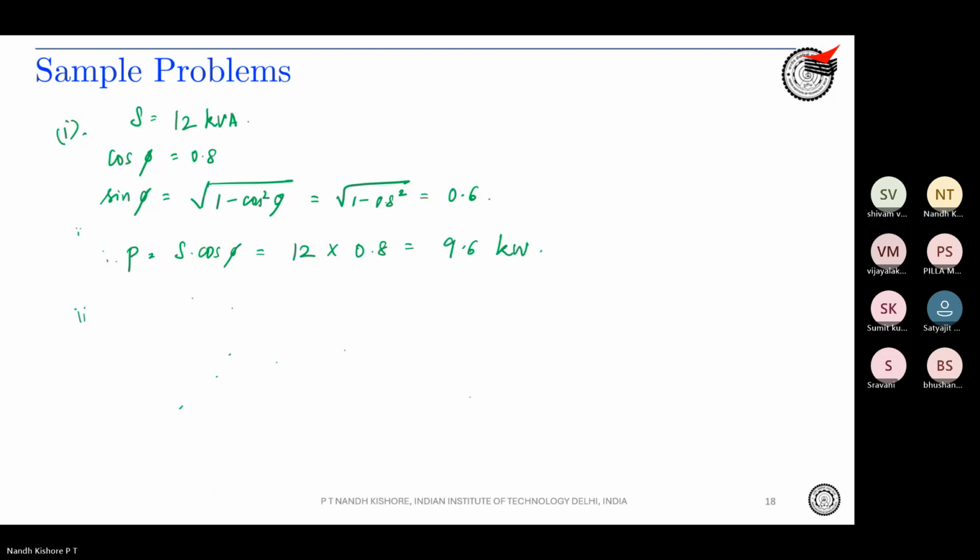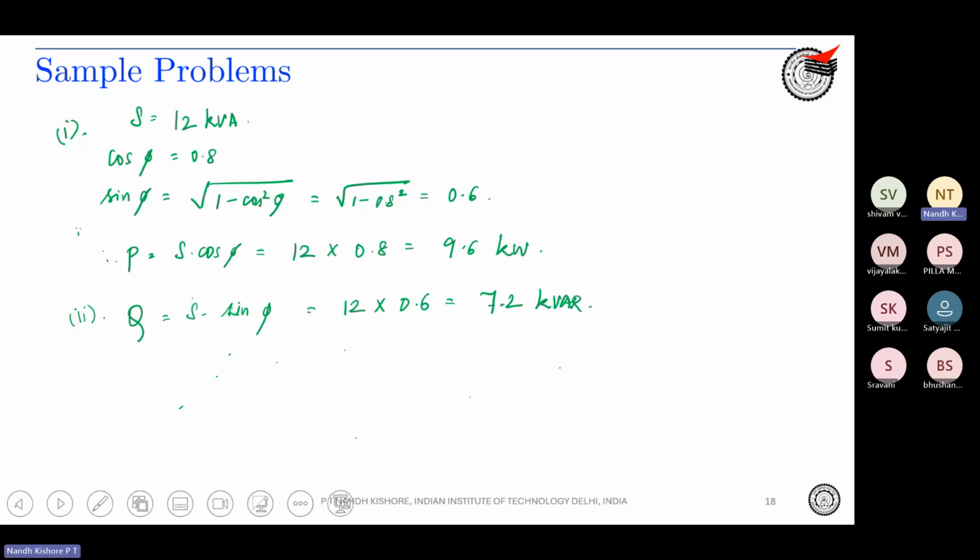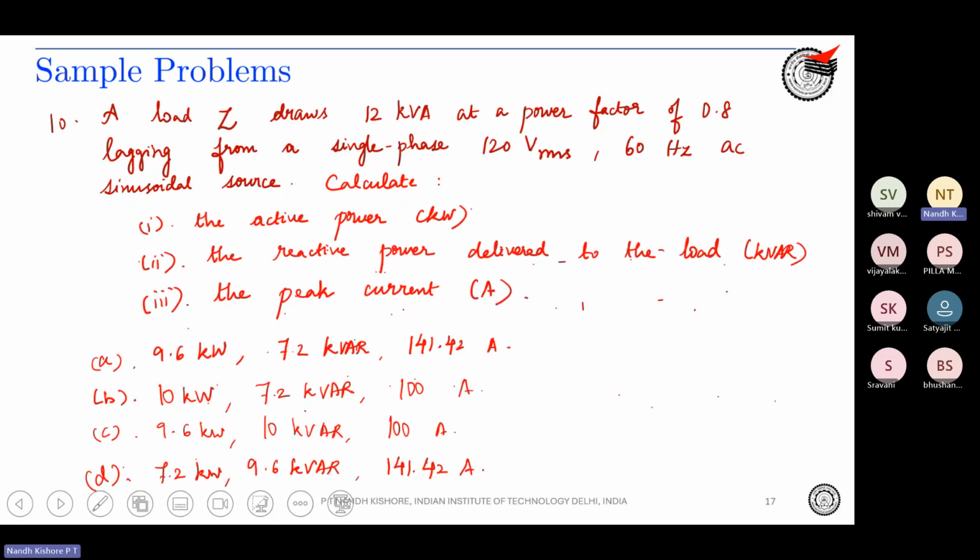And for part B, Q is equal to S sin phi, which is 12 into 0.6, which gives me 7.2 kVAR.